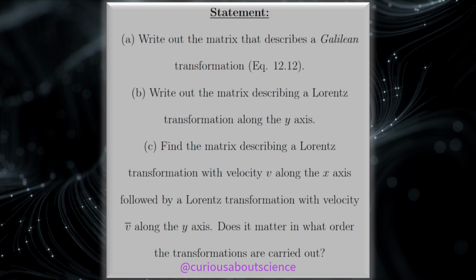C, find the matrix describing a Lorentz transformation with velocity v along the x-axis, followed by a Lorentz transformation with velocity v bar along the y-axis. Does it matter in which order the transformations are carried out? If you've had any background in linear algebra, you're already sniffing out some things that will be determined here. So let's go talk about them.